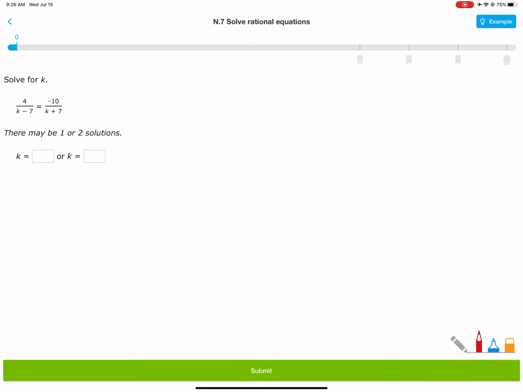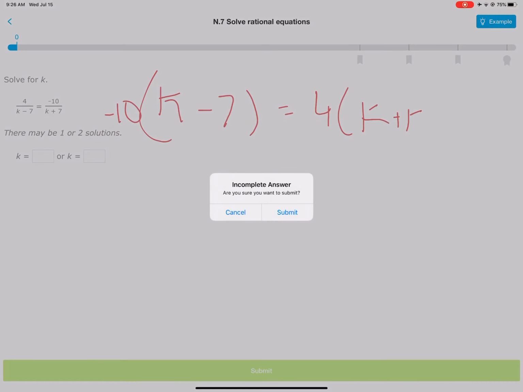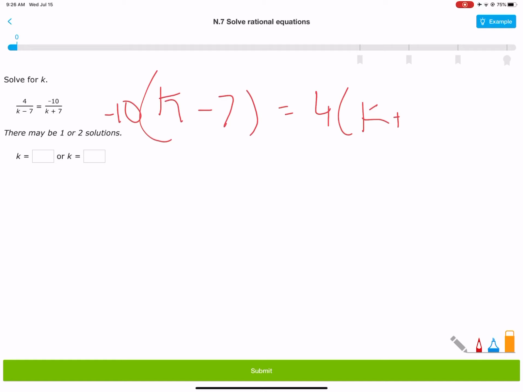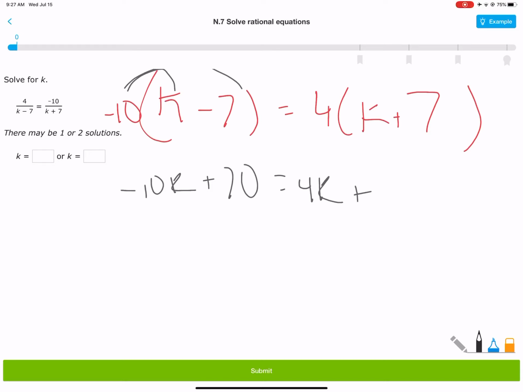So we got k minus 7 times negative 10 equals 4 times k plus 7. Okay, and we are going to distribute: negative 10k plus 70 equals 4k plus 28.